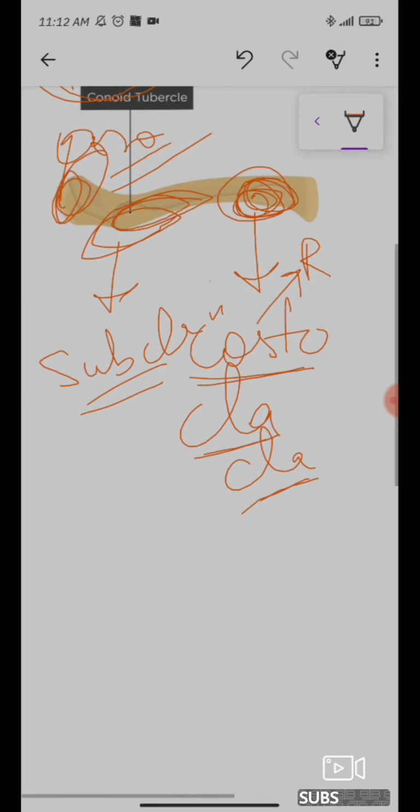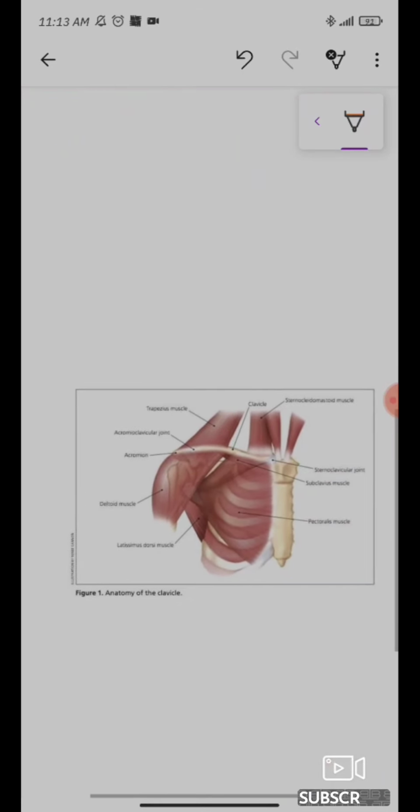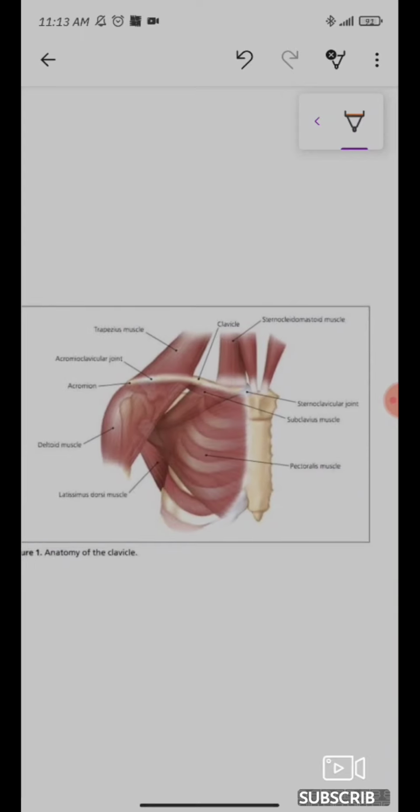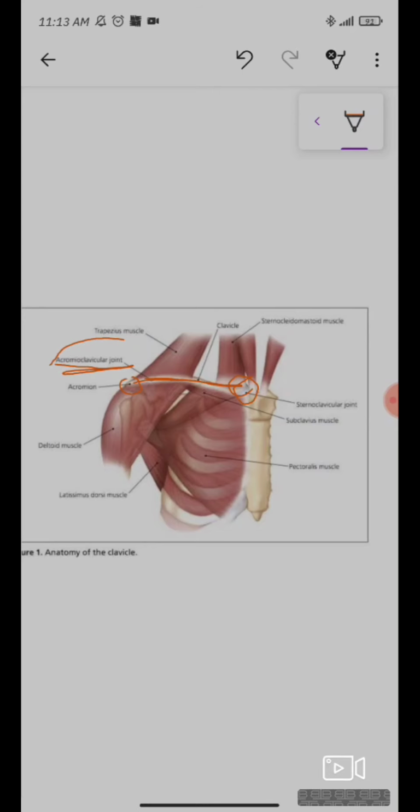Okay, so we have completed the whole talk about muscle attachments. Now we will revise the whole of the clavicle. We have talked about all the muscles. This is clavicle, this is the acromial end, this is the sternal end, which articulates with the acromion process of scapula to form the acromioclavicular joint.